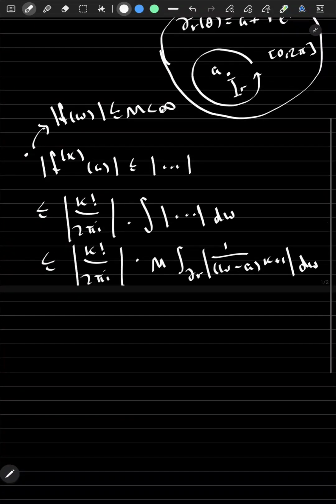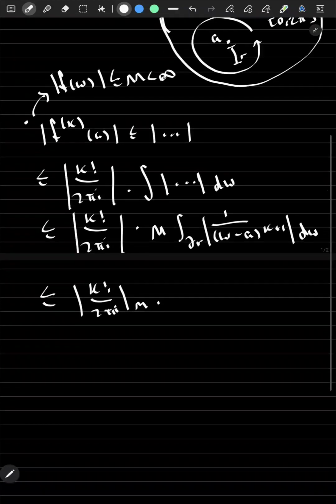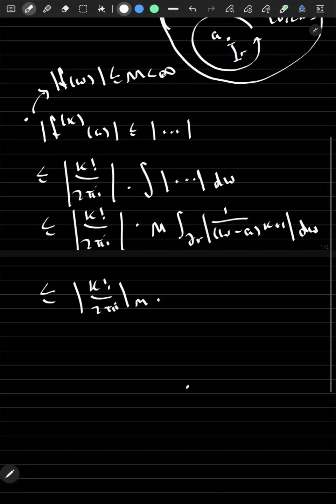Okay, so now we still have to bound this integral, and now we'll use the supremum inequality. We can notice that omega minus a here is equal to r, which is the radius of our circle.